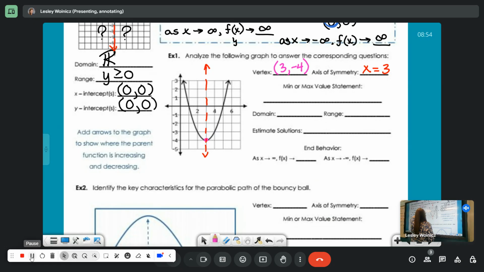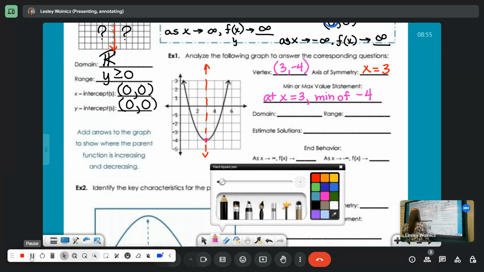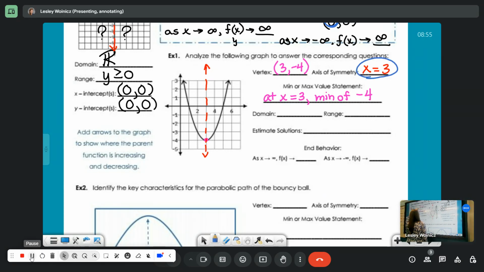We say at x equals 3, because that's when it happens, we have a minimum of, how low does it go? -4. Okay, do you see that I just told you what the vertex is? It's like I wrote a little sentence for the vertex. Here's a helpful thing. Do you see that this and this match?